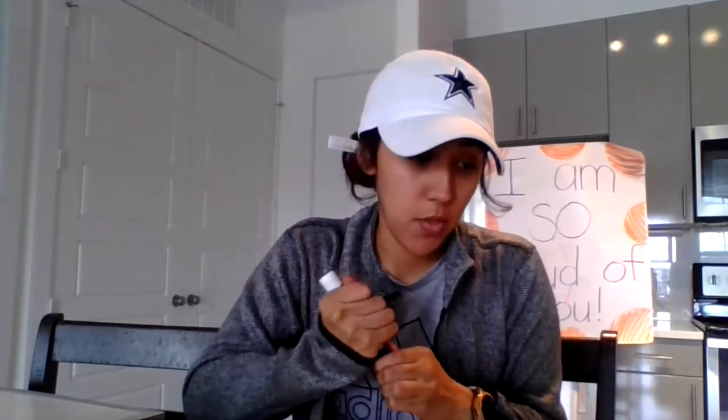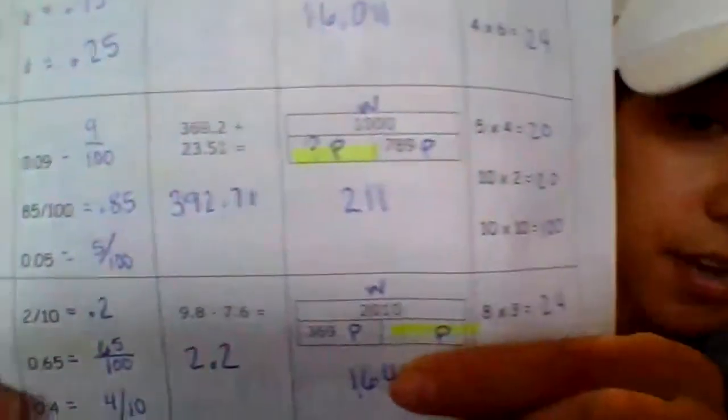Wonderful. All right, our next column is the solve and label column, and this is where we see our strip diagram. If you haven't done so already, go ahead and label your strip diagram with the information they give you and the missing information. So we're right here.